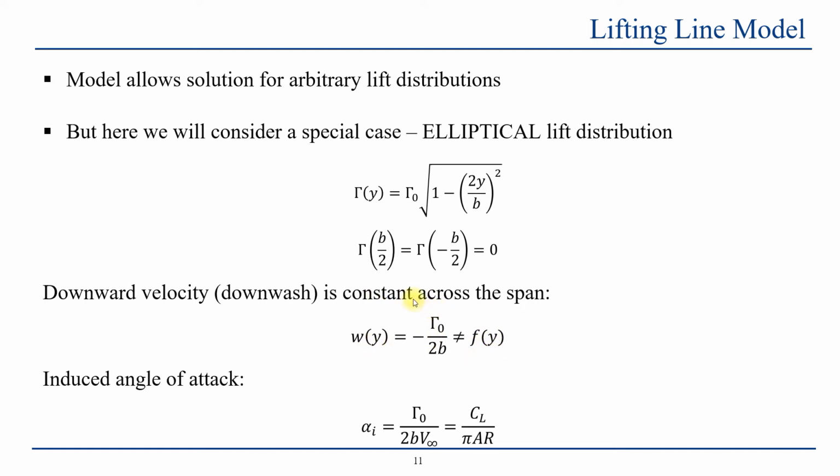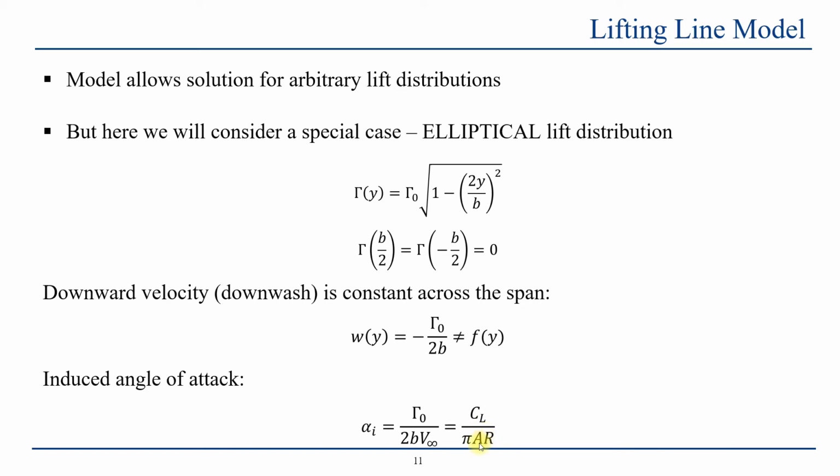And this then gives us the induced angle of attack, which is shown by alpha_i, alpha for angle of attack, i for induced, equals gamma naught over 2b V infinity, so the effect of the free stream velocity comes in, and that is equal to CL, the lift coefficient for our wing, over pi times aspect ratio, which is related to the geometry of the wing we're working with. So alpha_i will be equal to CL over pi AR.